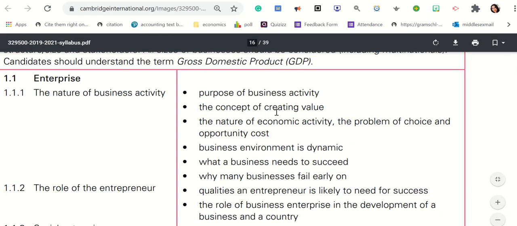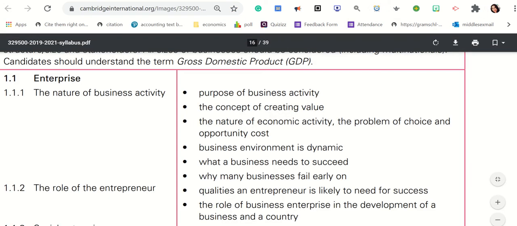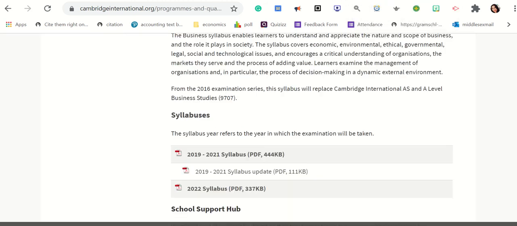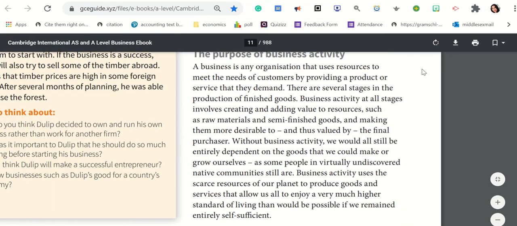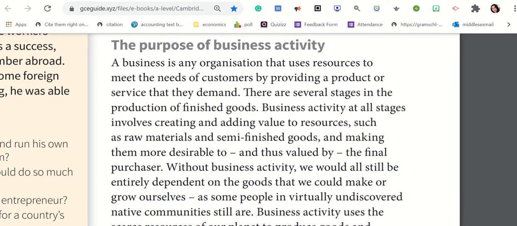Now, let's look into the purpose of business activity. What is the purpose of business activity? A business is any organization that uses resources to meet the needs of customers by providing a product or service that they demand.